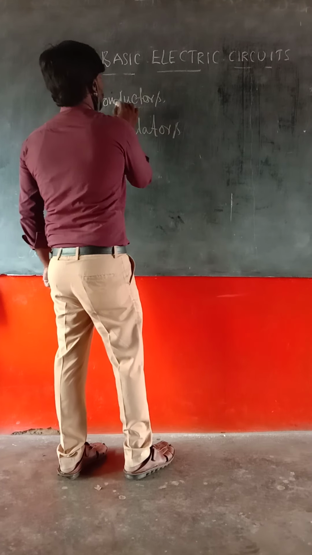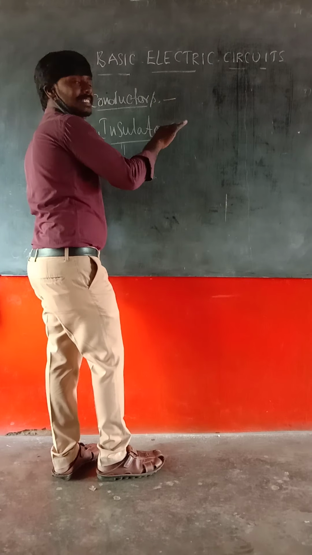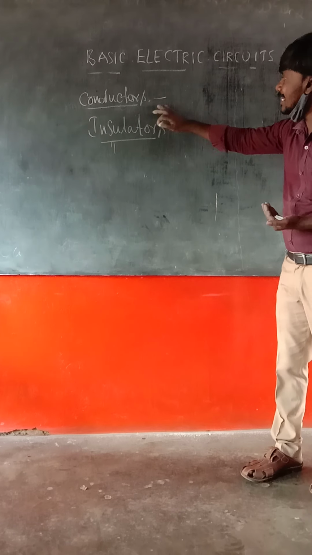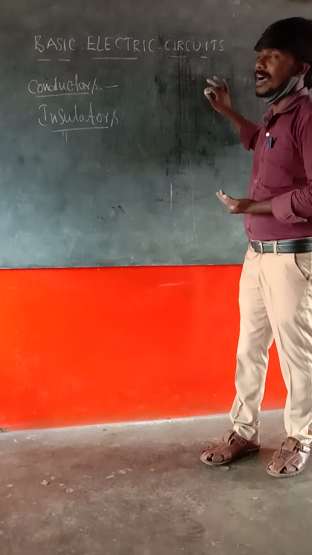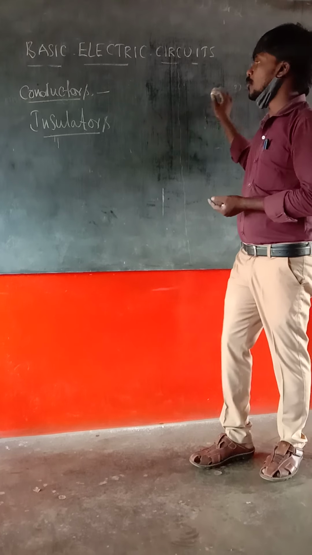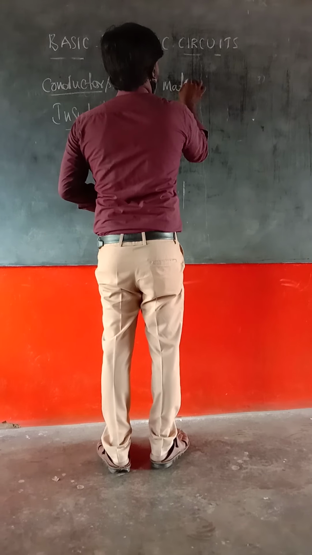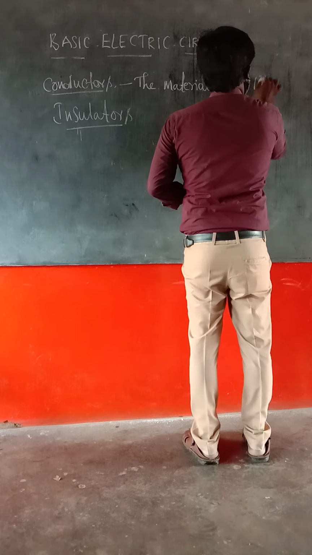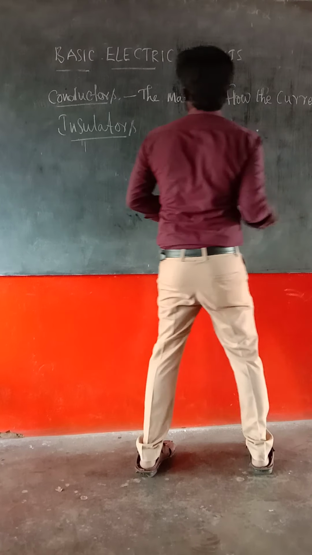The materials or substances that allow the current, or electricity, or electrons to flow are called conductors.